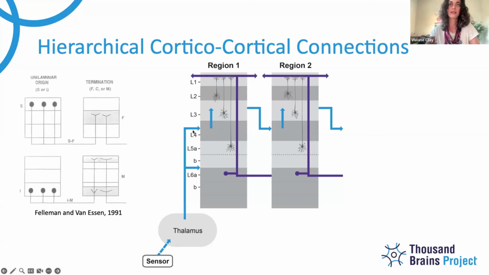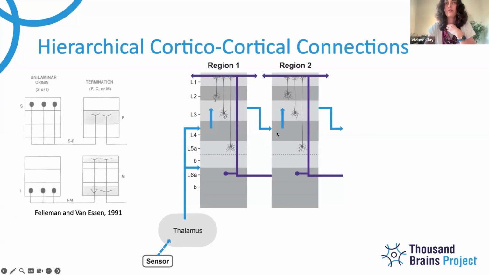And this is basically how the classical hierarchy is defined in the Felleman and Van Essen paper. Essentially, the connections between two hierarchically arranged regions are asymmetrical.